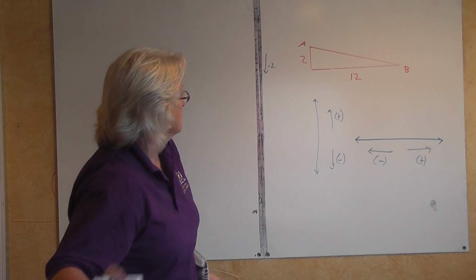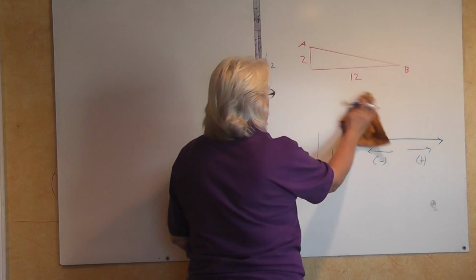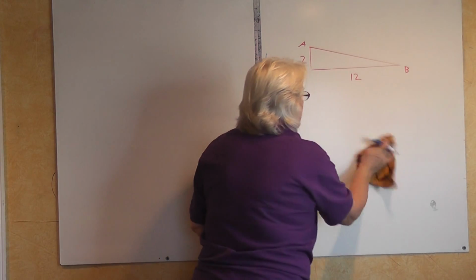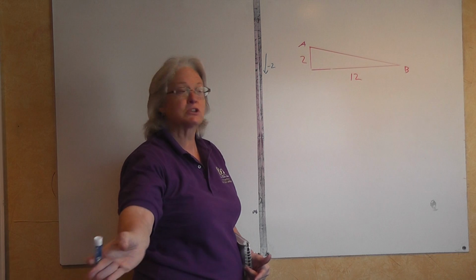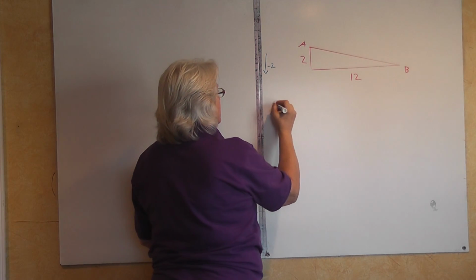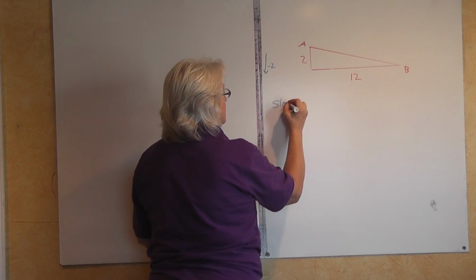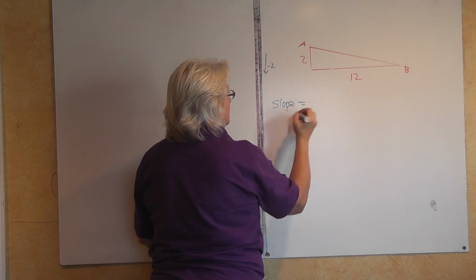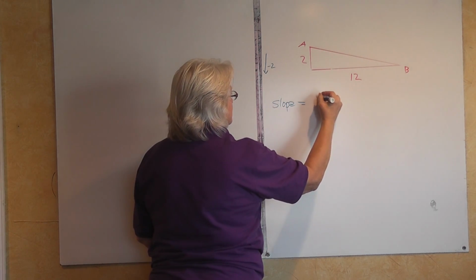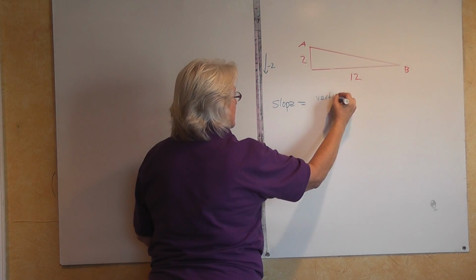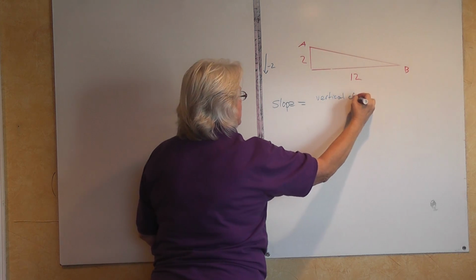All slope is, it's a relationship between the vertical change and the horizontal change.